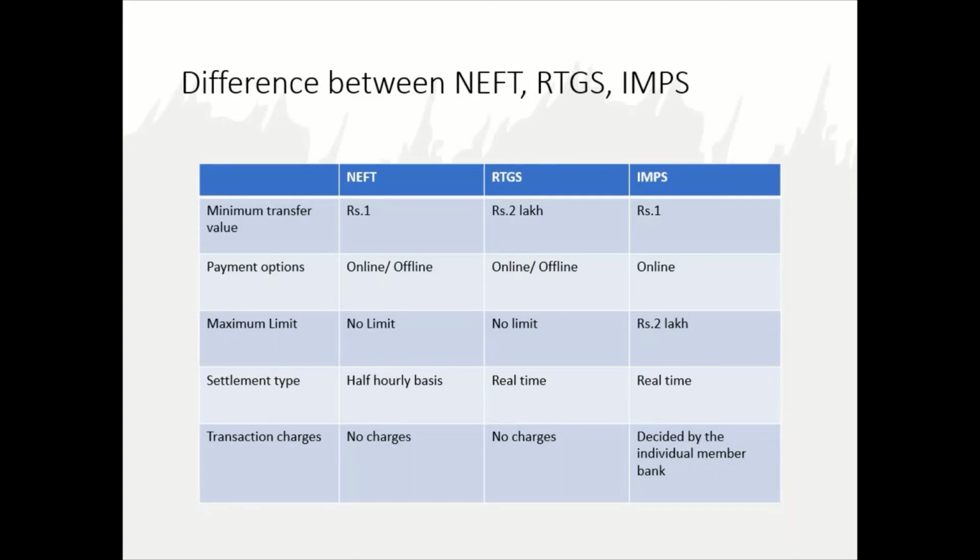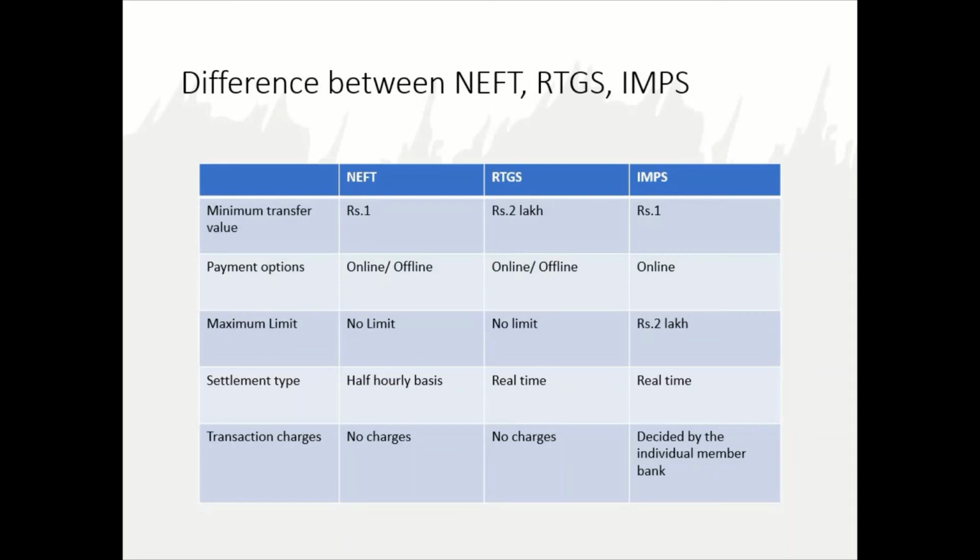NEFT and RTGS can be used in both the modes, that is online and offline. Online by using internet banking, mobile banking and other mobile applications used for payments. Offline indicates here an individual who does not have an account in the bank can also perform NEFT and RTGS transactions to transfer the money to the beneficiary.